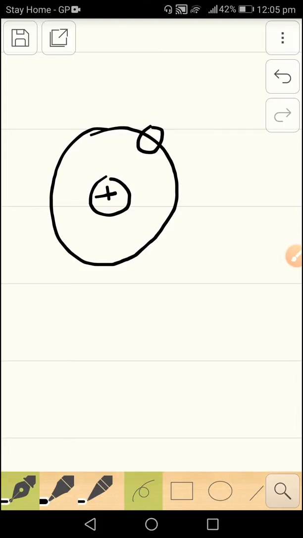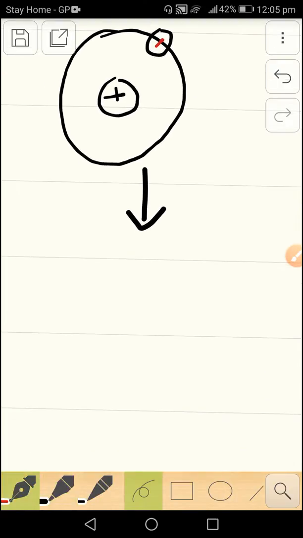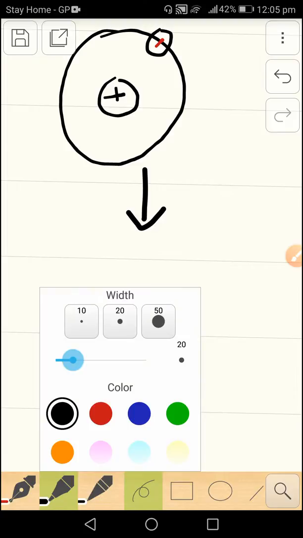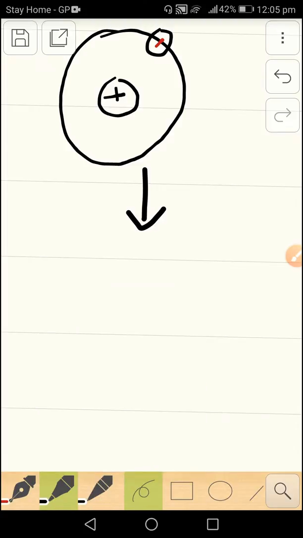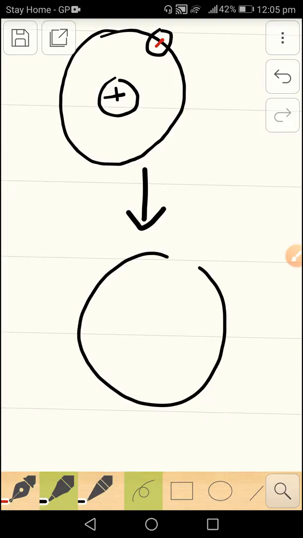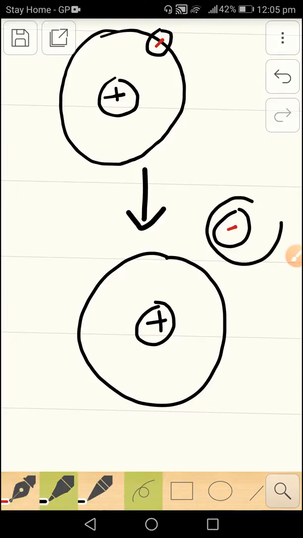This is an electron, and the electron has a negative charge. Now what happens if this atom loses its electron? Look, this electron is now lost. This electron has got out from the atom.